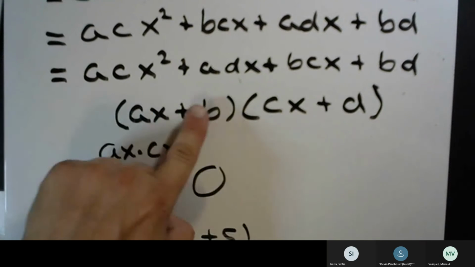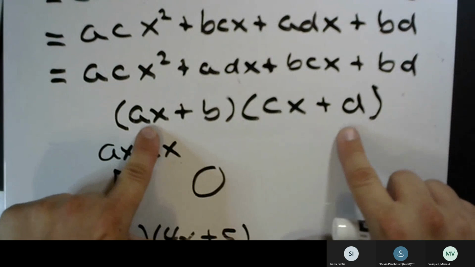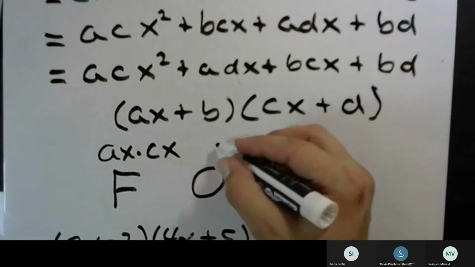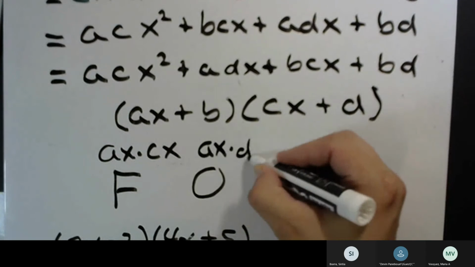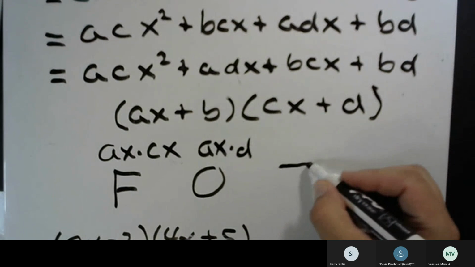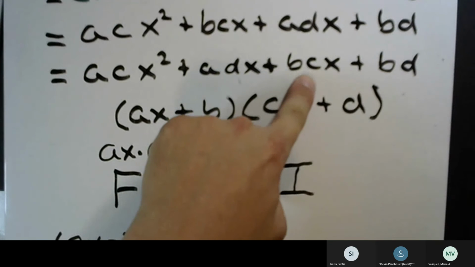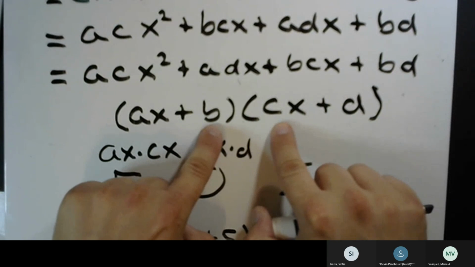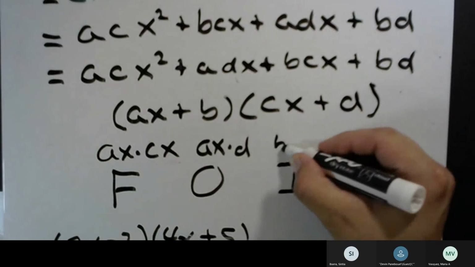Then, to get this term, we multiply the outer terms of the entire multiplication. So you have outer ax times d. Then, to get this term, we multiply the most inner terms of the entire multiplication.